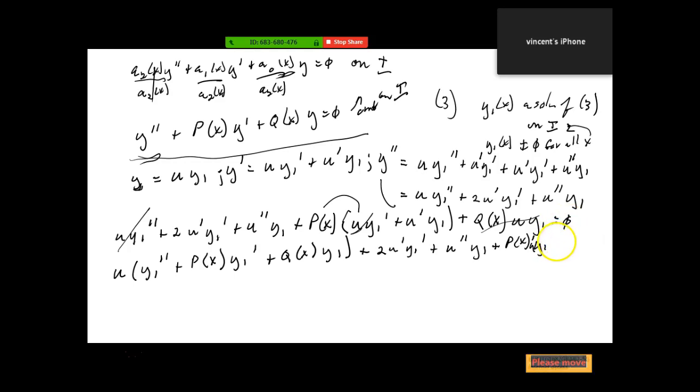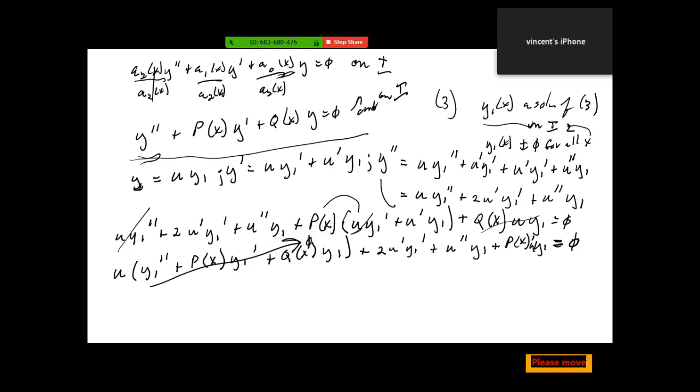This whole thing is equal to 0. Now, if you remember, y1 is the solution of this. So that means y1, put it in there, that's equal to 0. Well, that's exactly what this is. So this is equal to 0.